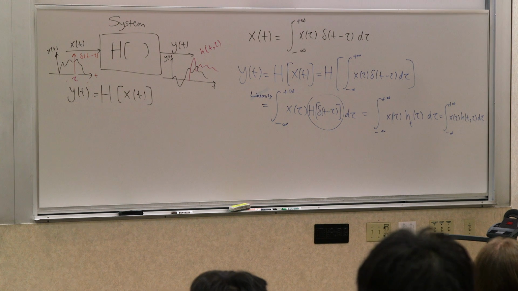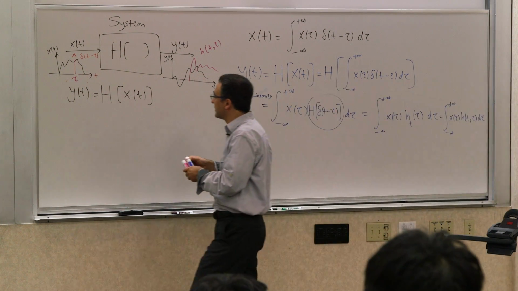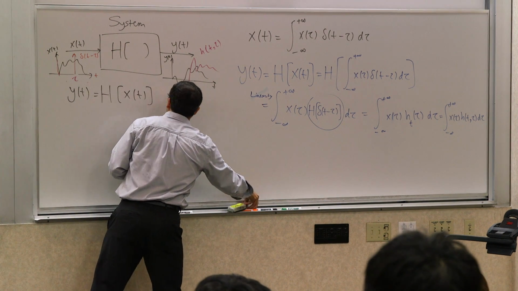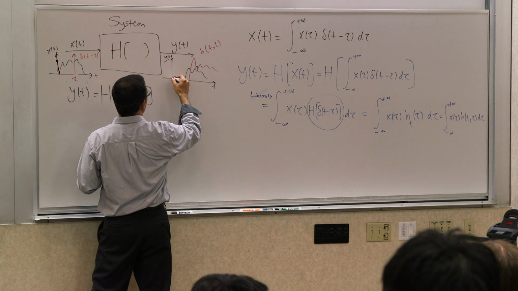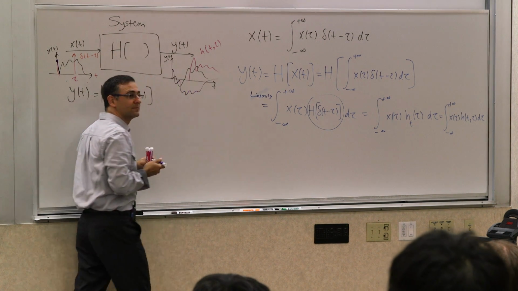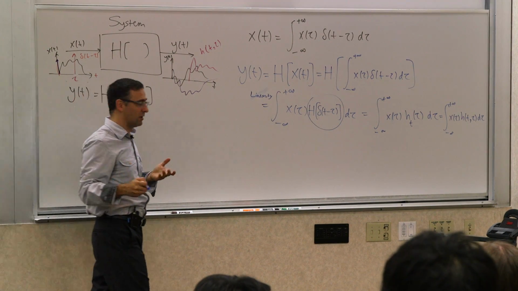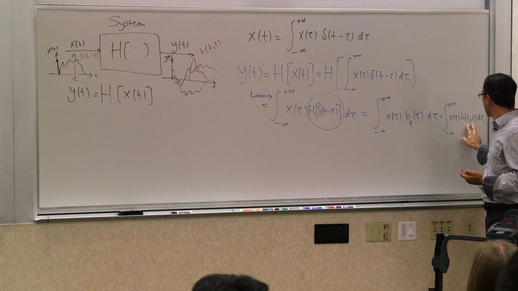Now, in general, if your system is time varying, these impulses could be different. If I hit it with a different impulse at a different time, if I were to hit it with an impulse here, it may do something else. Because it depends if the system changes with time. In general, it has to be a function of t and tau.